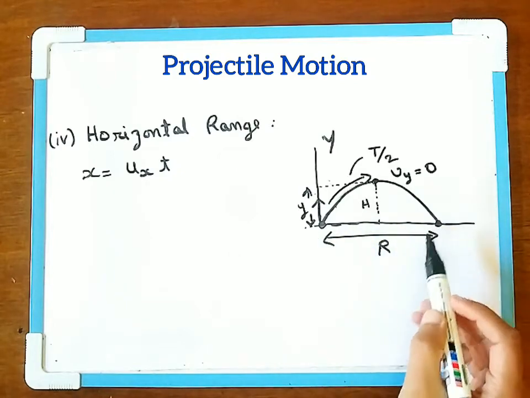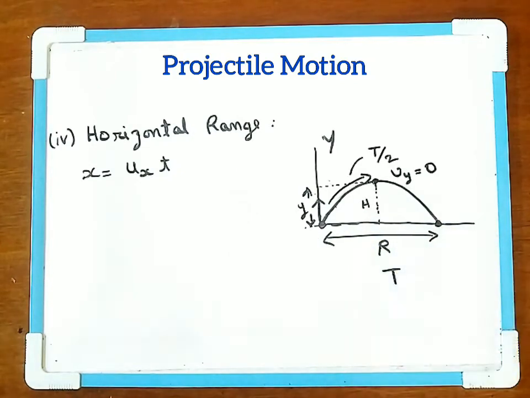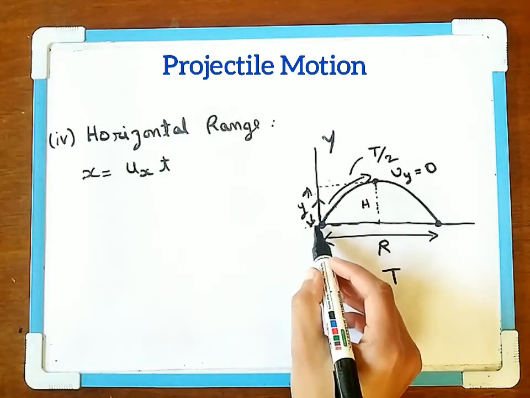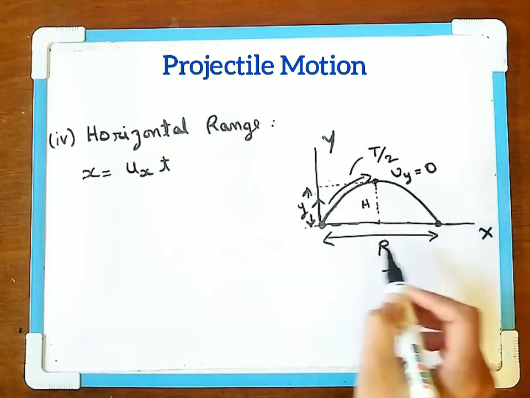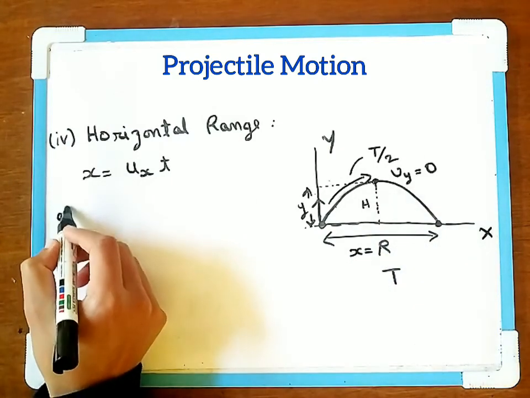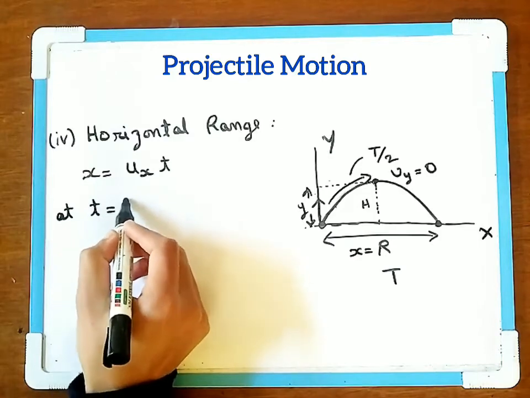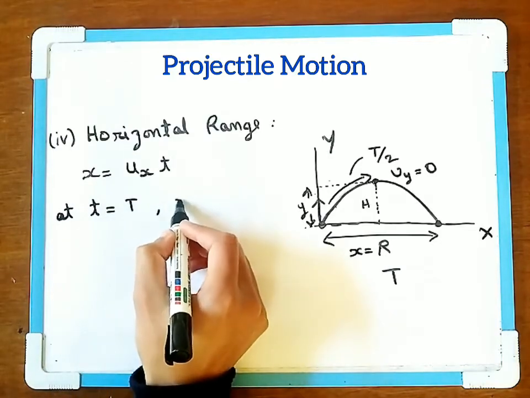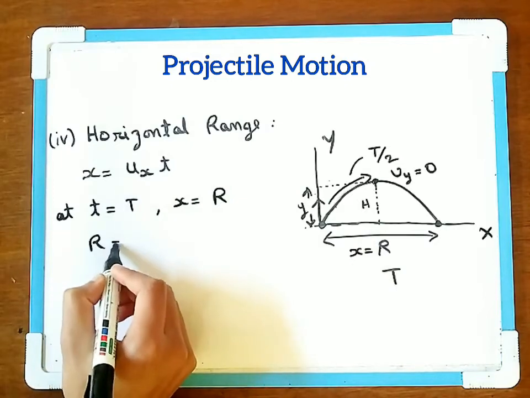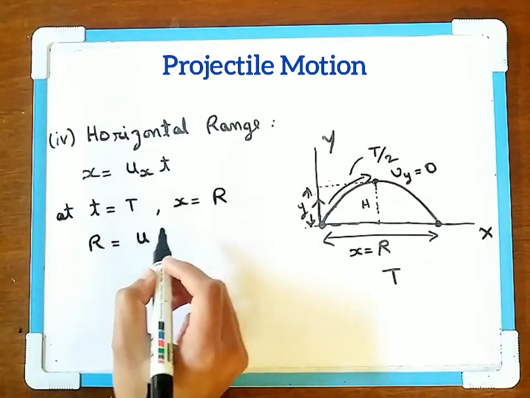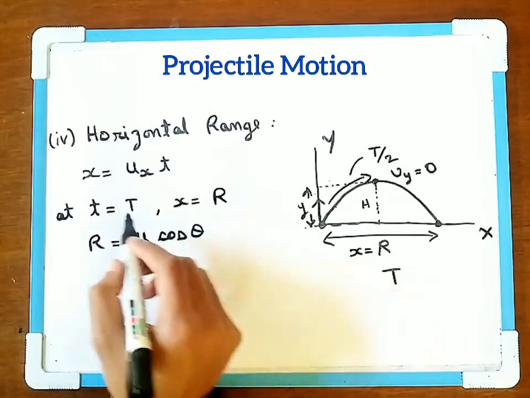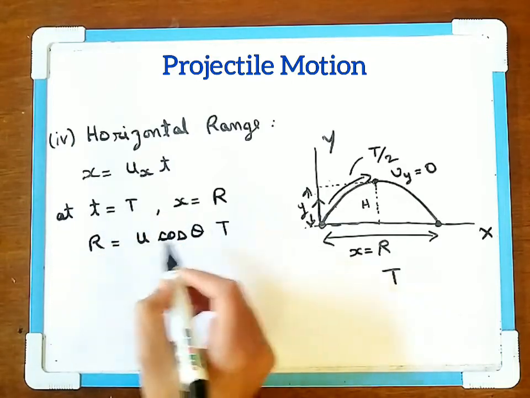The time taken is capital T. So here at t is equal to capital T, x will be equal to R. So putting in the equation, you have R is equal to, now ux you have found by resolution of vector, u cos theta, then capital T.